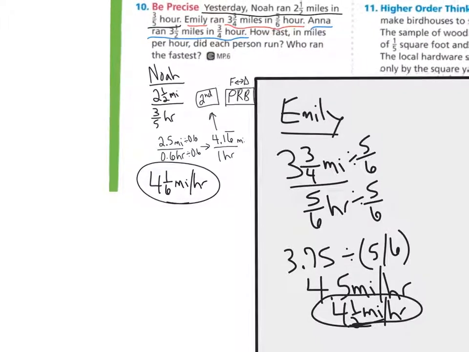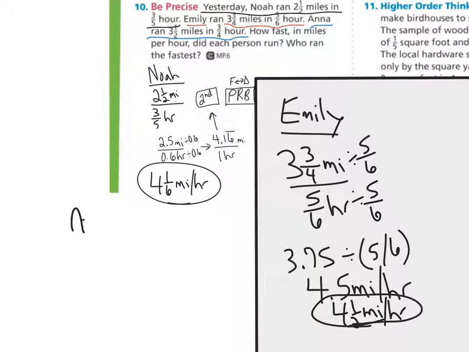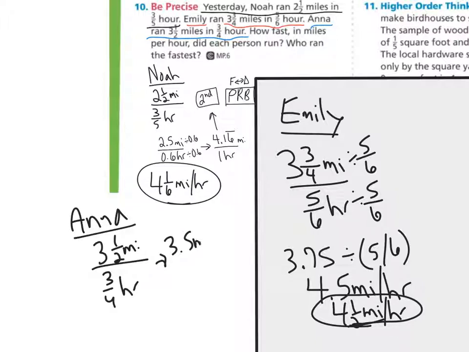And then the same idea for Anna. So 3.5 miles in 3/4 of an hour, if you wanted to do decimals. 3/4 is 0.75.